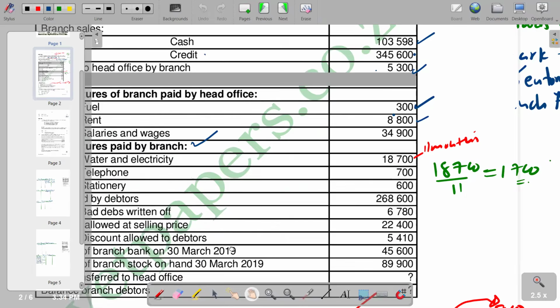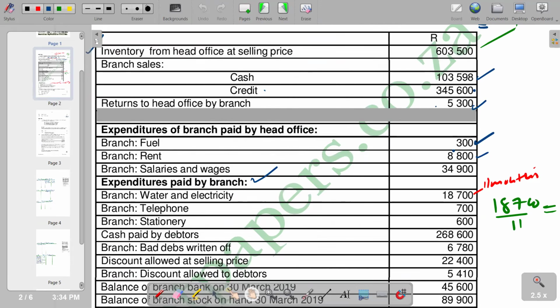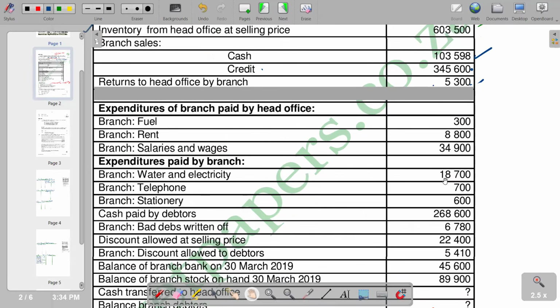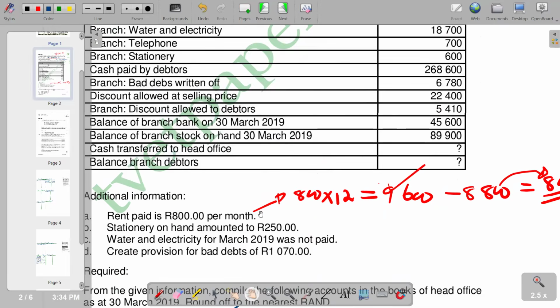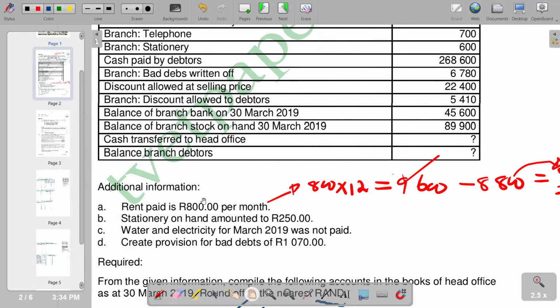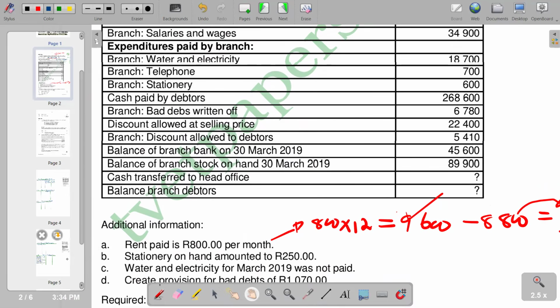Then the next item is branch telephone, which we are having on that part. We have got 700, but of course, we check additional information again, if you have got anything that is affecting telephone. We see that we do not have anything affecting telephone. So we're supposed to have our branch telephone as 700, the figure as it is, since we do not have any adjustment for telephone.